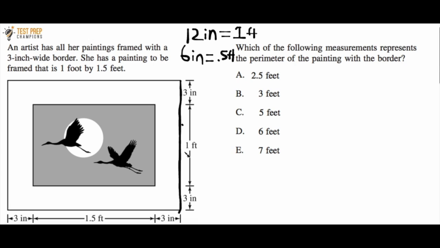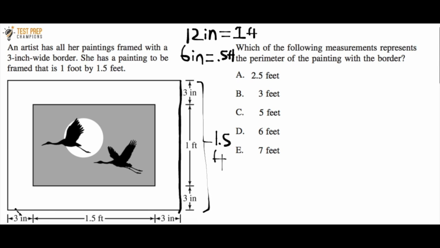So this whole side, if we put it all in feet, is 1.5 feet. Half a foot plus this 1 foot is 1.5 feet. So this entire portion, in other words the width, is 1.5 feet.